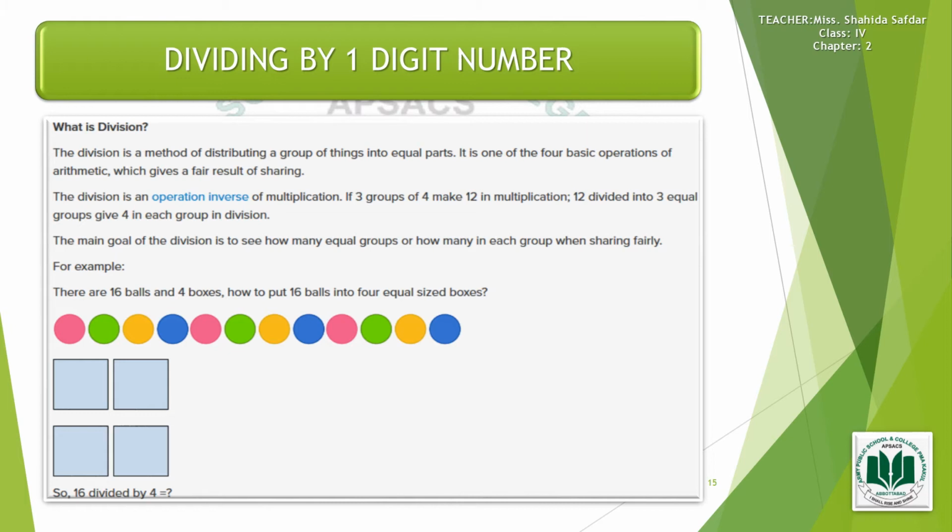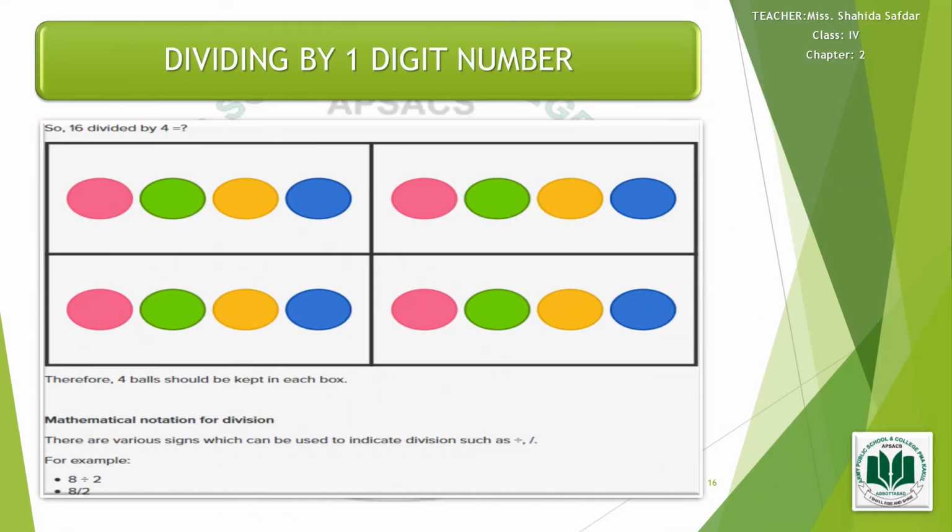To solve this, we have to divide 16 by 4. So, when we divide 16 by 4, we get the answer. Hence, there are 4 balls in each box.